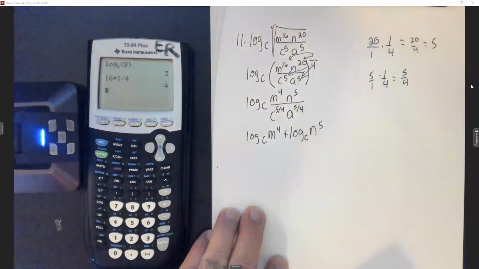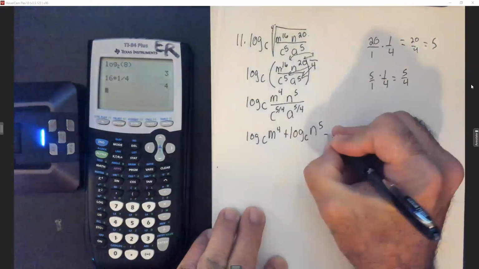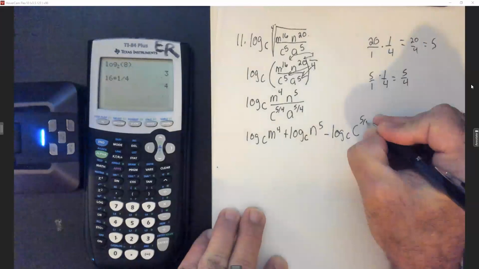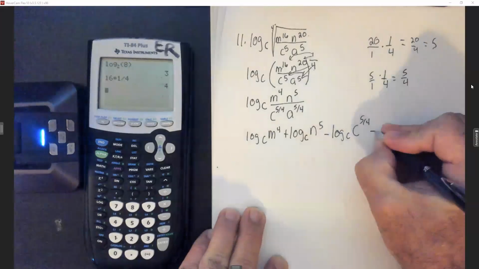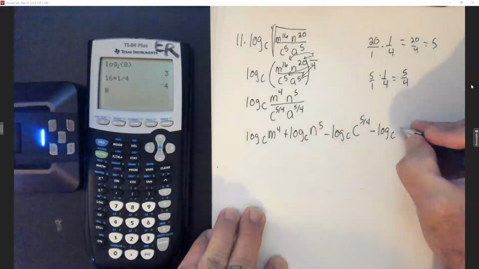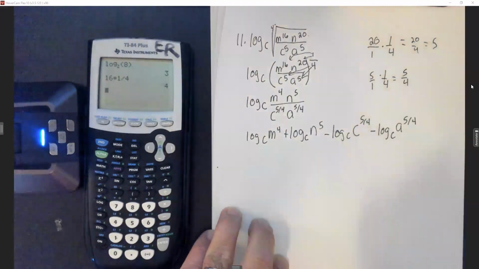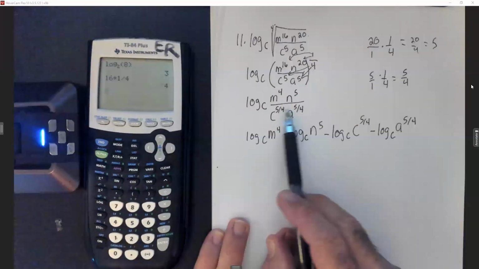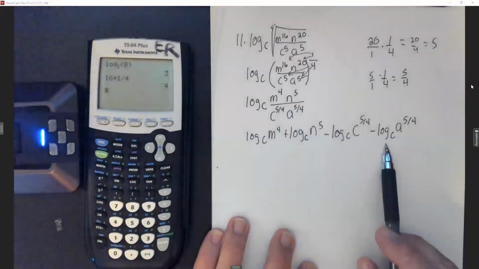The bottoms are going to be subtracted, log C of C to the 5/4 minus log C of A to the 5/4. So I've distributed my log and got it rewritten positive and negative.